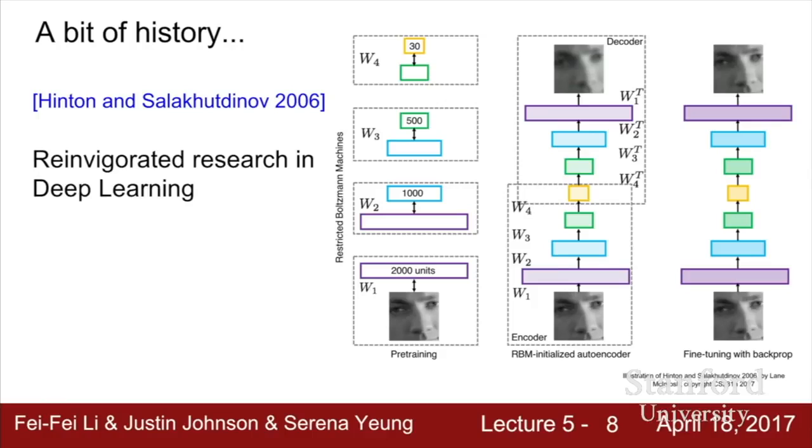And so what they had here was this first pre-training stage where you model each hidden layer through a restricted Boltzmann machine. And so you're going to get some initialized weights by training each of these layers iteratively. And so once you get all of these hidden layers, you then use that to initialize your full neural network, and then from there you do backprop and fine-tuning of that.